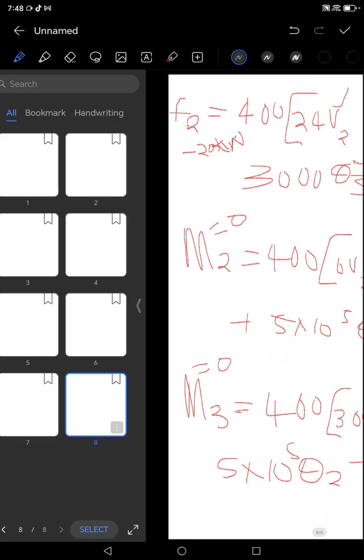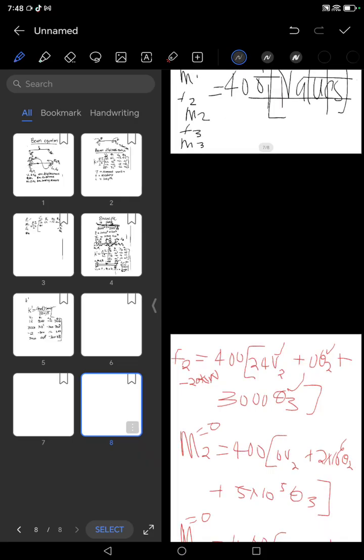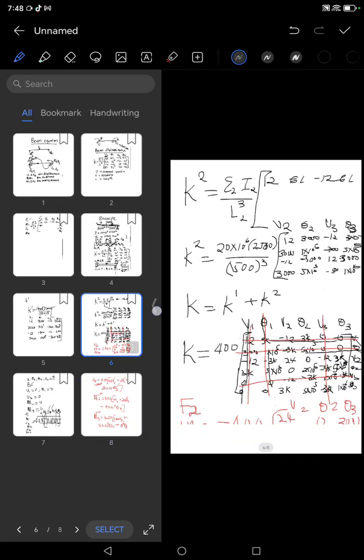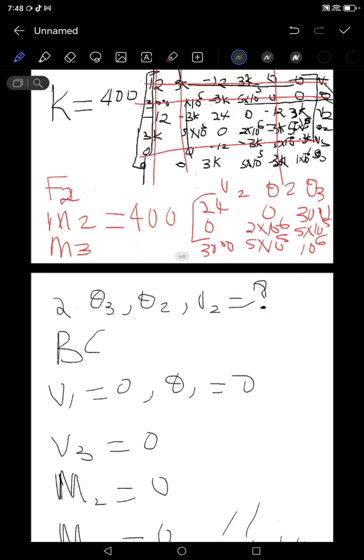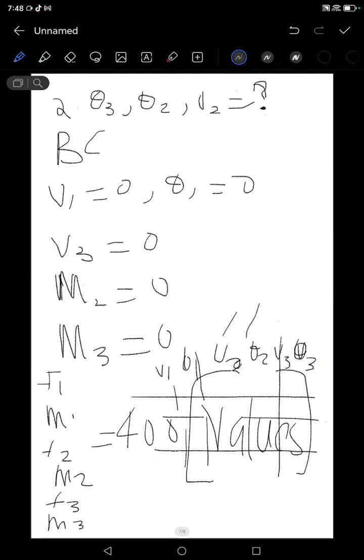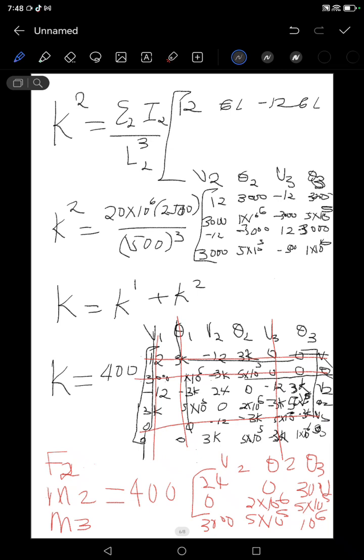The next question will ask us to determine the forces, so we're going to determine F1, and they can say F1 and F2, or F2 we have.